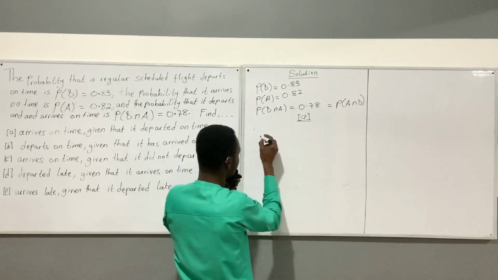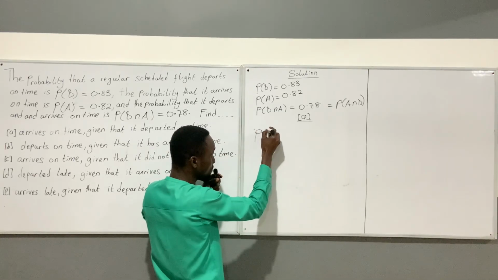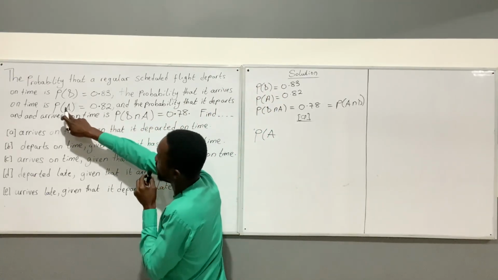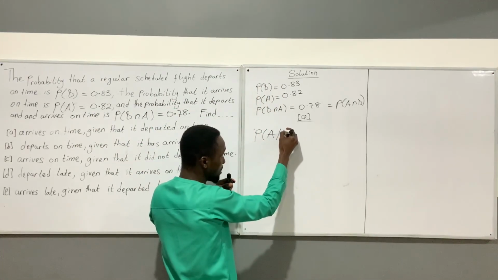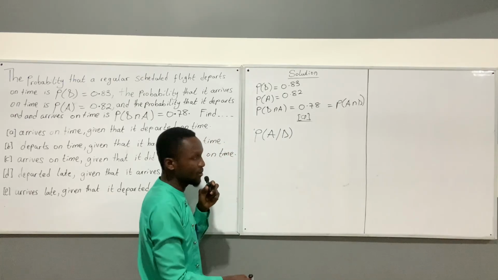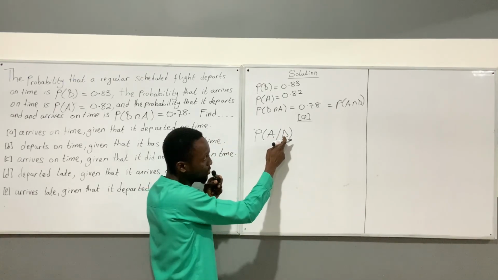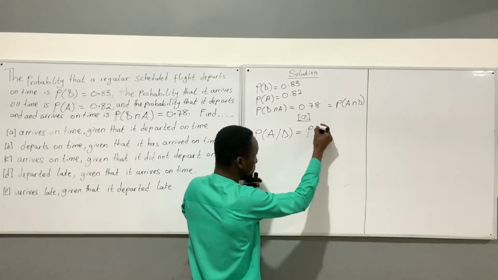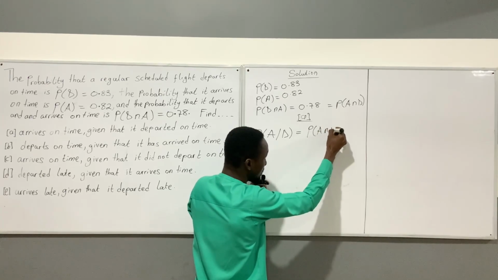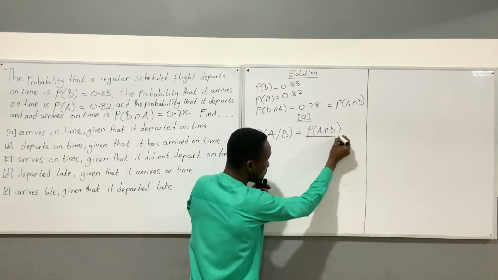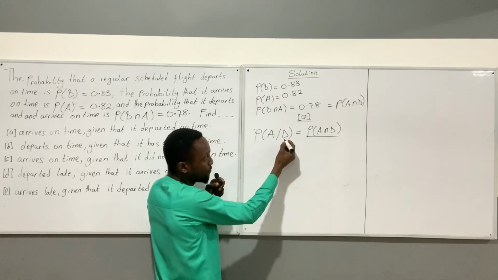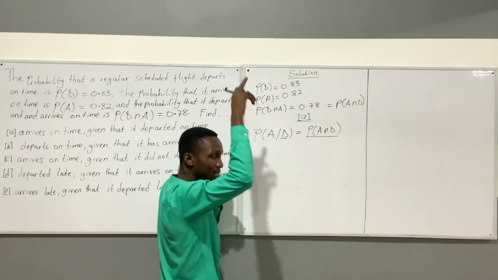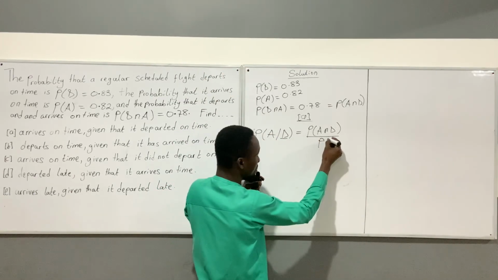In conditional probability, arrives on time was P of A, given that it departs on time, so the probability of A given D. We write the probability of the event A intersection D, all divided by the probability of D, the event we are conditioning on, the one that has already happened. It departed on time. It happened earlier.